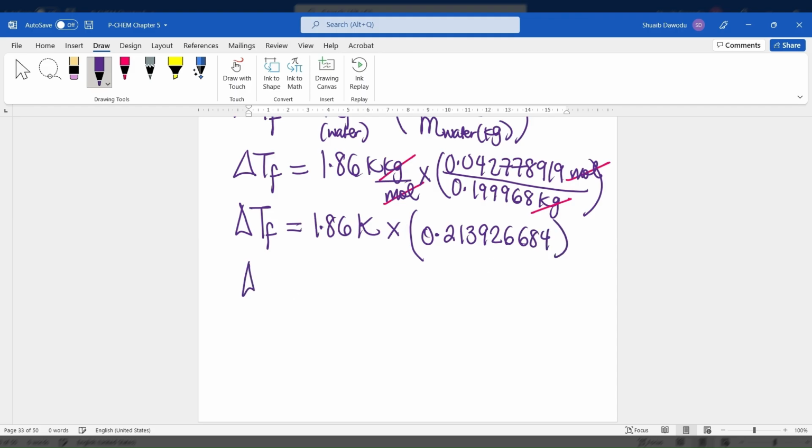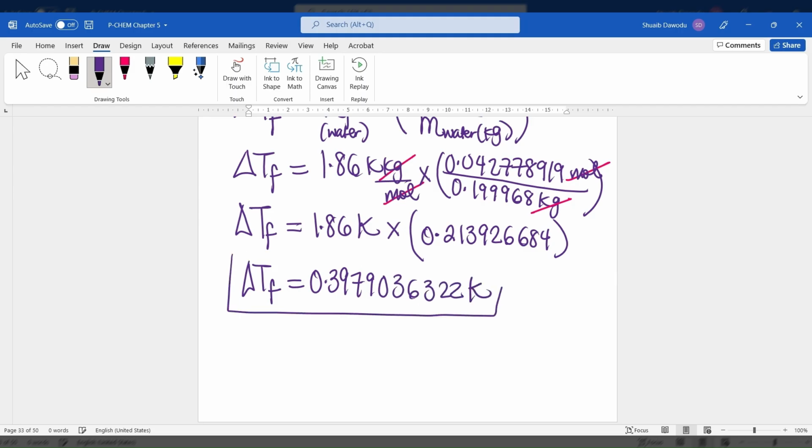So change in T sub F is just simply going to be 1.86 multiplied by 0.213926684, and you end up getting 0.397903632 Kelvin. So this is simply the answer to the change in T sub F.